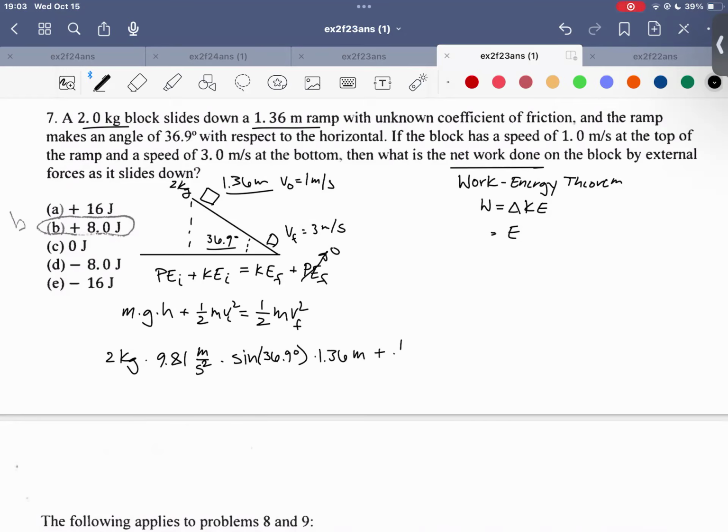So plus 1/2 mass of 2 kg, and our velocity initial is 1 meter per second, so 1 meter per second quantity squared, is equal to 1/2 times velocity final squared, and that's 3 meters per second quantity squared. When we solve, let's see what we have on each side.